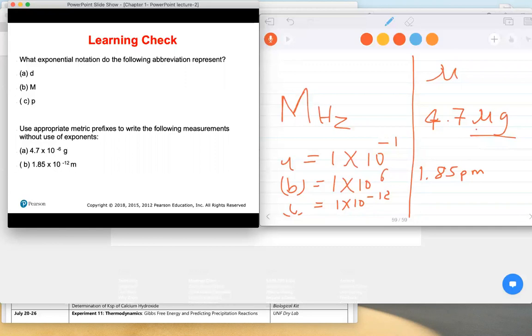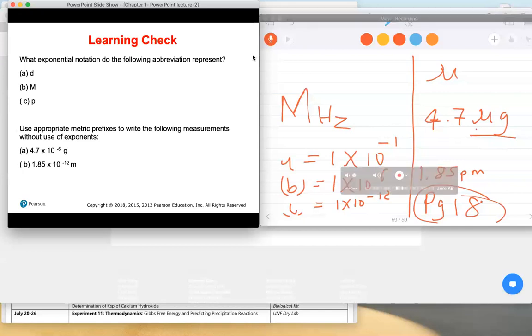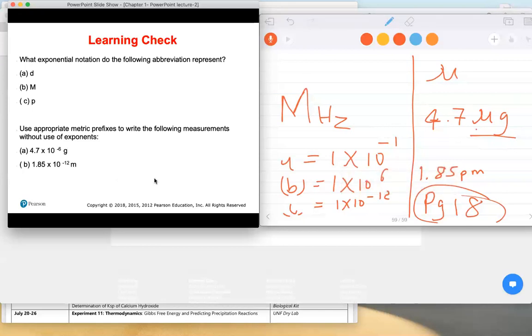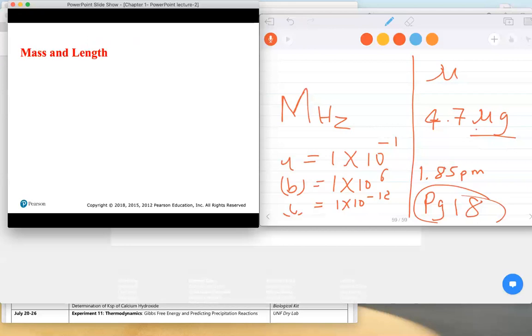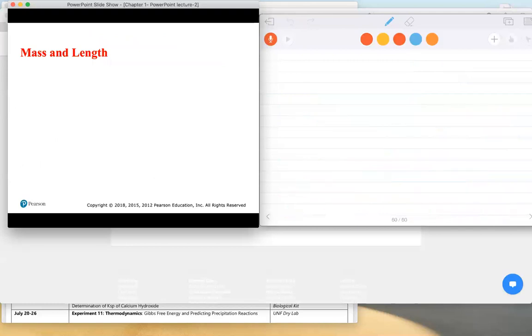If you look at page 18 in the text, you'll see table 4. And if you can access the e-text, you can also check it there. But to save time, I'll have a table on Canvas with all those prefixes. We are done with those prefixes.